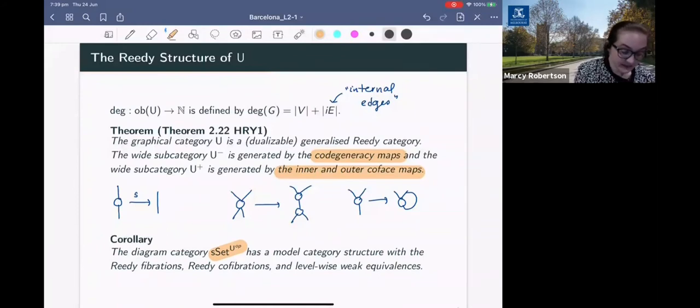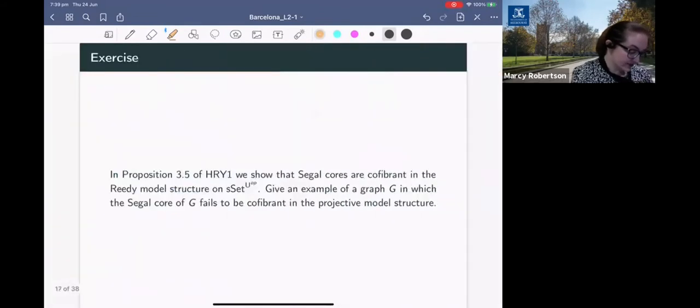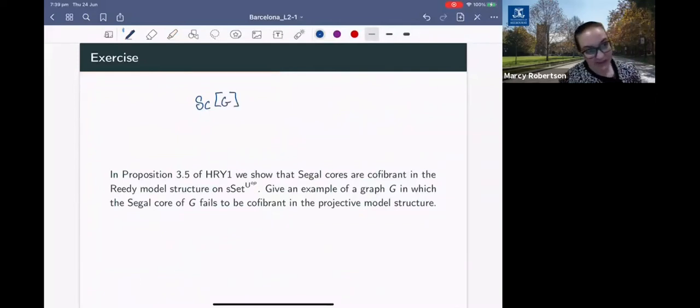In particular, the Segal cores are cofibrant. So in fact, that's my exercise. If you're not familiar with model structures, this is kind of a hard one. If you are, Segal cores are cofibrant in this model structure, and this is not too hard to figure out if you can compute latching and mapping spaces.